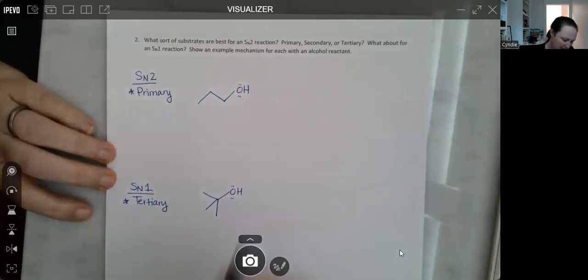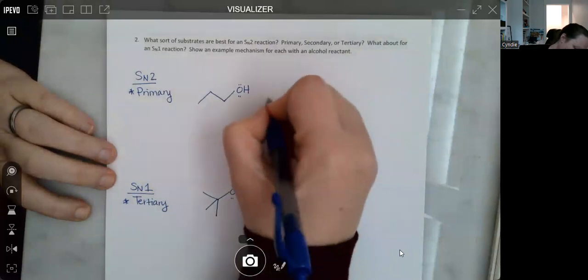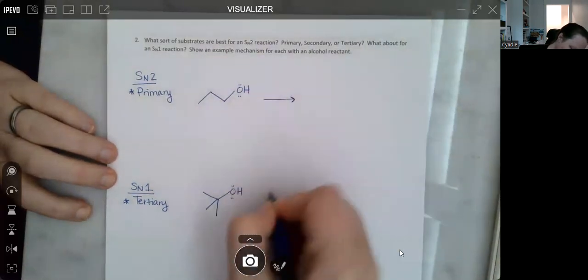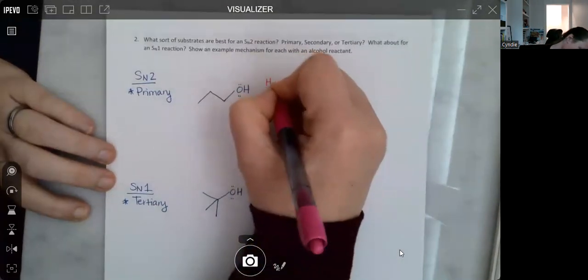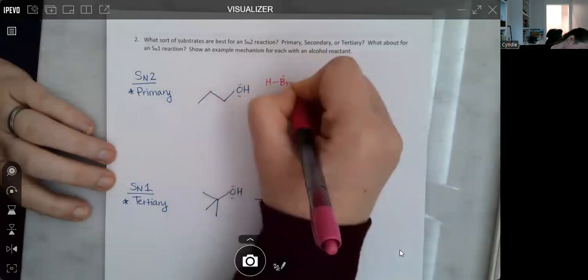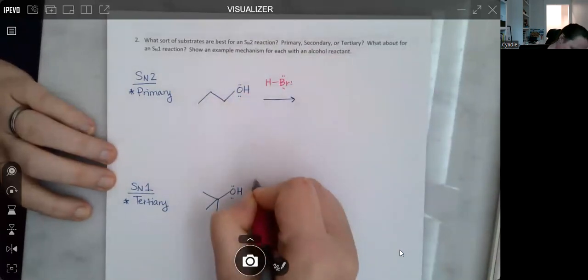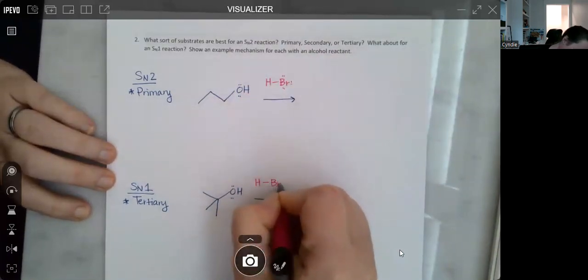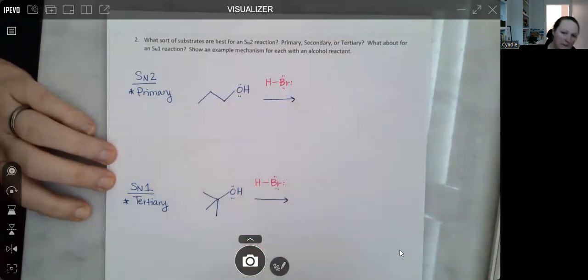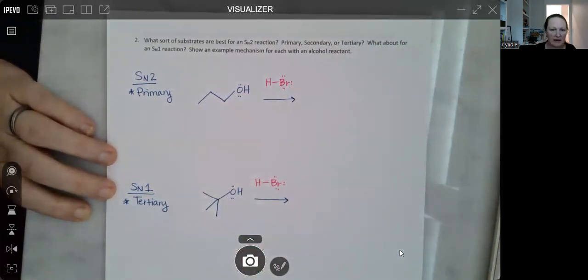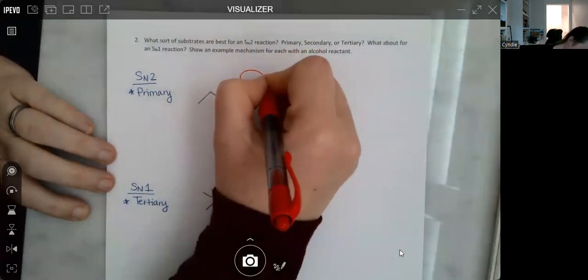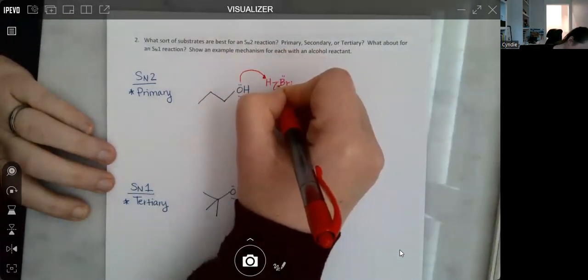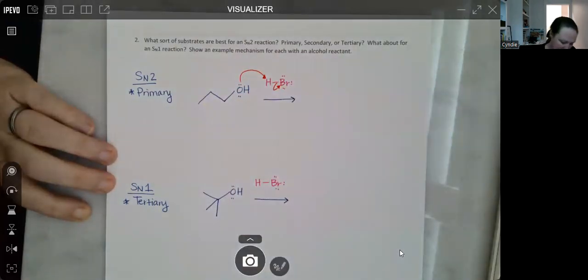So a simple case might be the reaction of both of these with HBr, which will really illustrate the difference. So we're going to start off doing the same process in both cases.